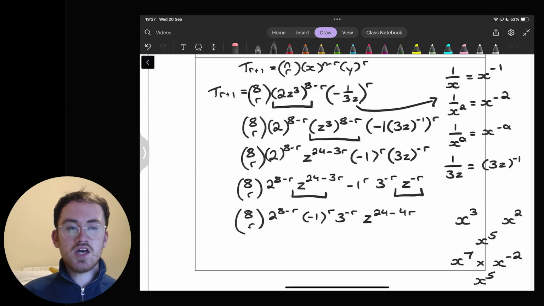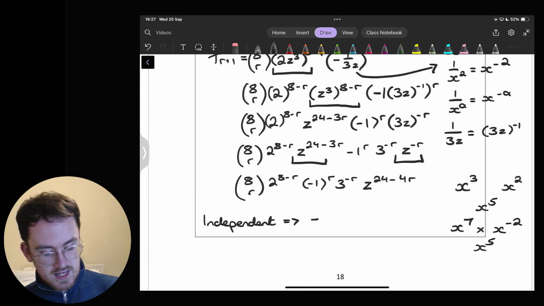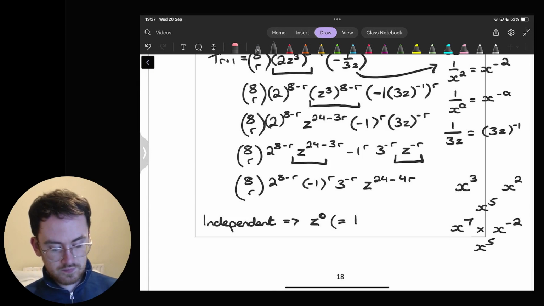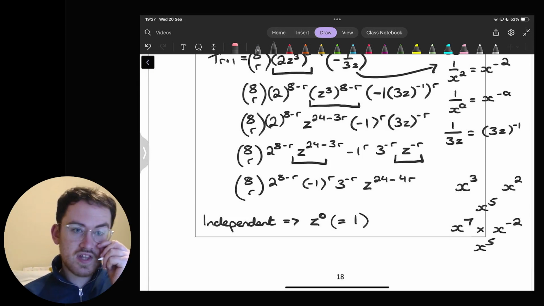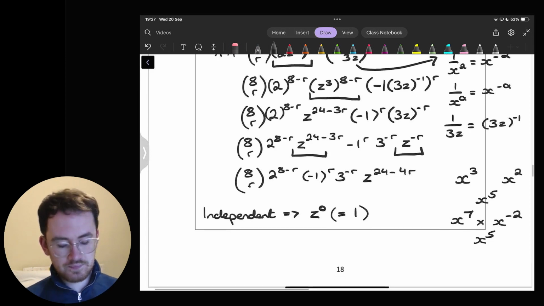Okay. So considering this part here, in this question I was asked to find the term independent of z. And independent tells me that I want z to the power of 0, because I know that that's equal to 1, so I will have a term where there is no z value.